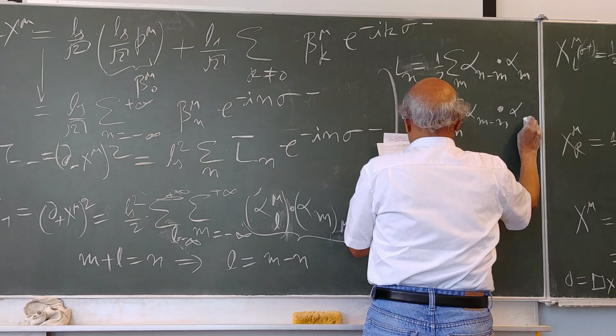And on that basis, L m bar is 1/2 summation over n beta of m minus n, beta of n. So one can write down these, and we can continue with this discussion next time, and we could conclude it here.